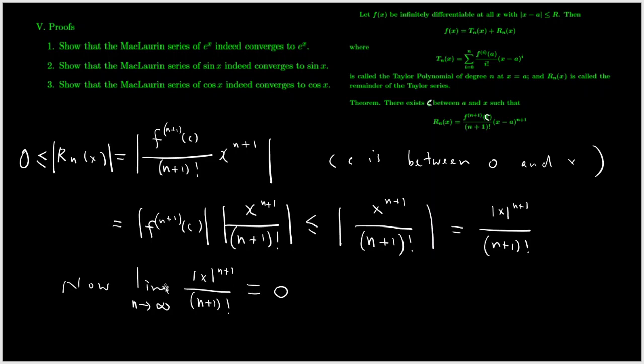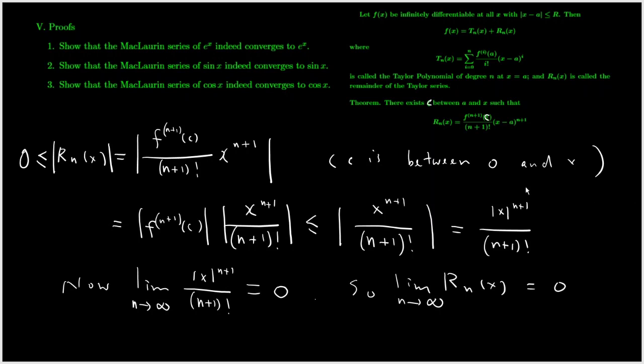So when taking the limit, we treat x as a constant. So the limit is equal to 0. Now, by the squeeze theorem, we can see the limit of the remainder as n goes to infinity is equal to 0.